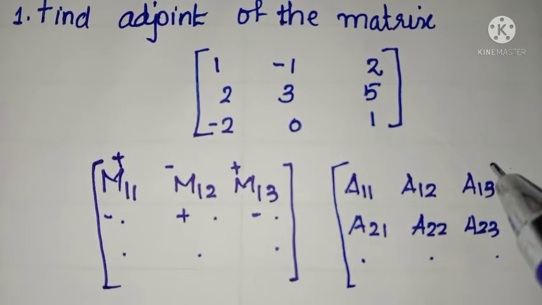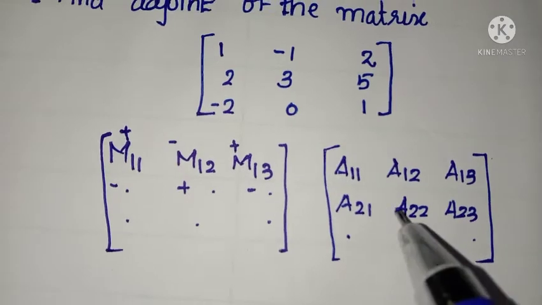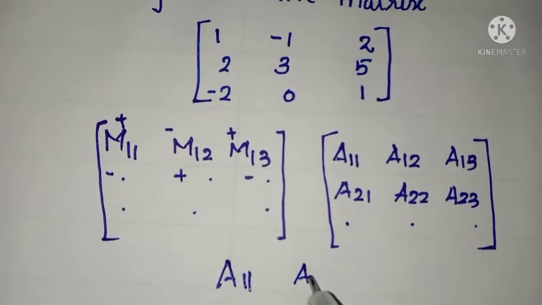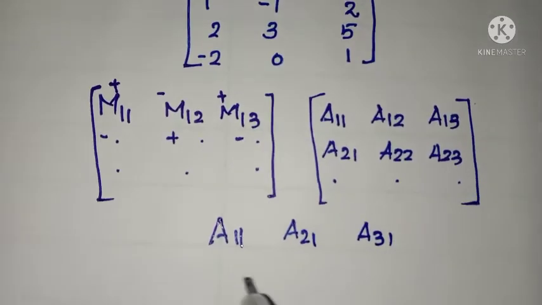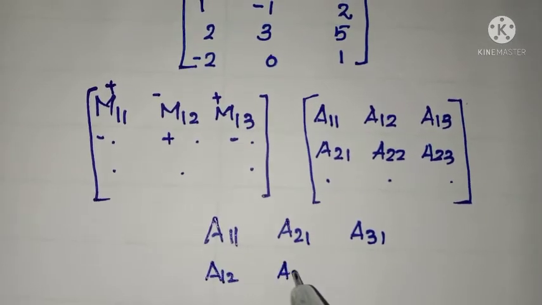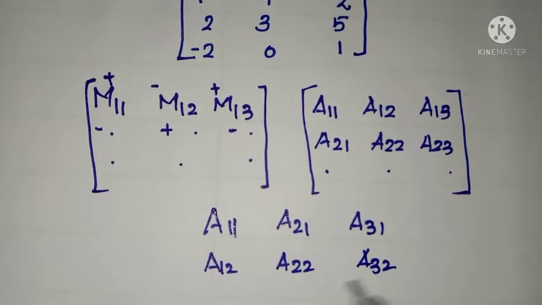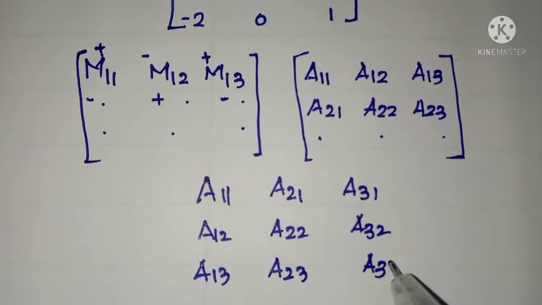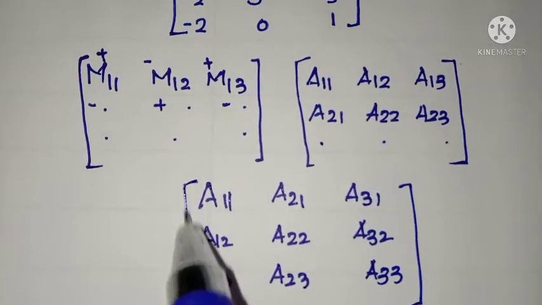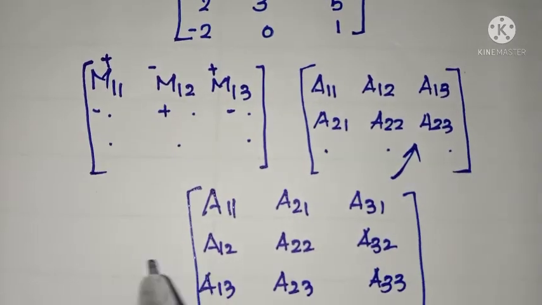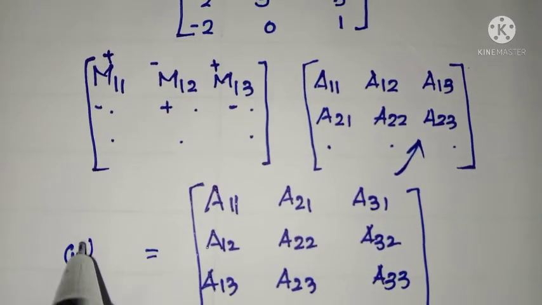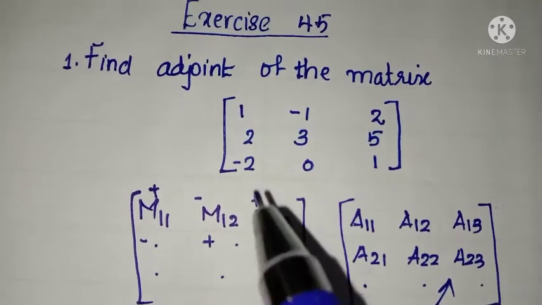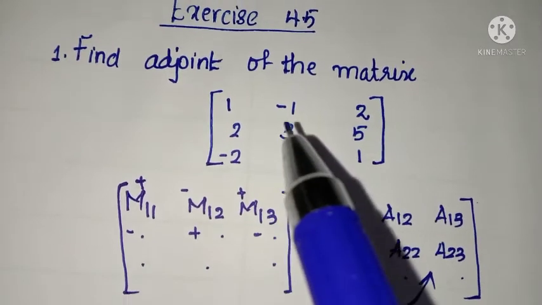Now take the transpose of this cofactor matrix, that is A11, A21, A31, A12, A22, A32, A13, A23, A33. This is the transpose of the cofactor matrix, and this matrix is known as the adjoint of the matrix A. This is the procedure to get the adjoint of a matrix.